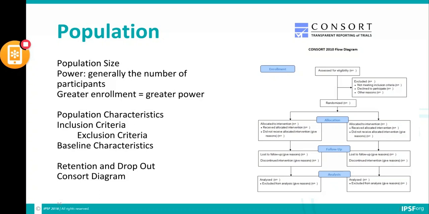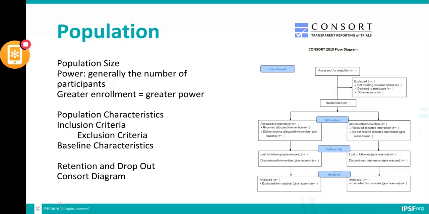Make sure that you have a large enough population size and enroll enough participants to truly show significant outcomes. And that's often the downfall of a lot of great articles or great trials too. They have a great intervention and great methods, but they just couldn't enroll enough people or people dropped out, and so it became less valuable in the end.